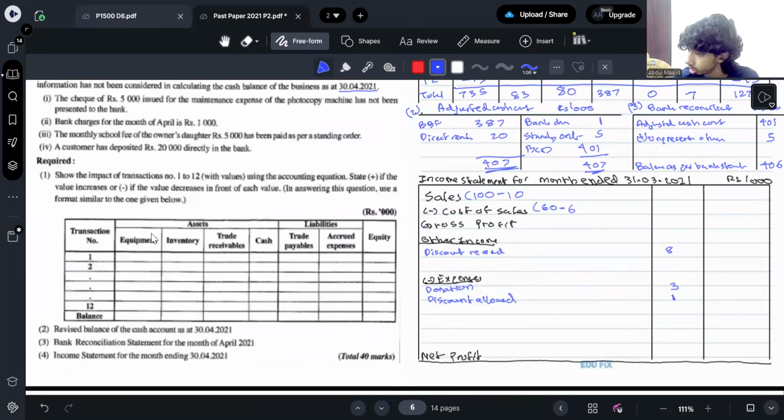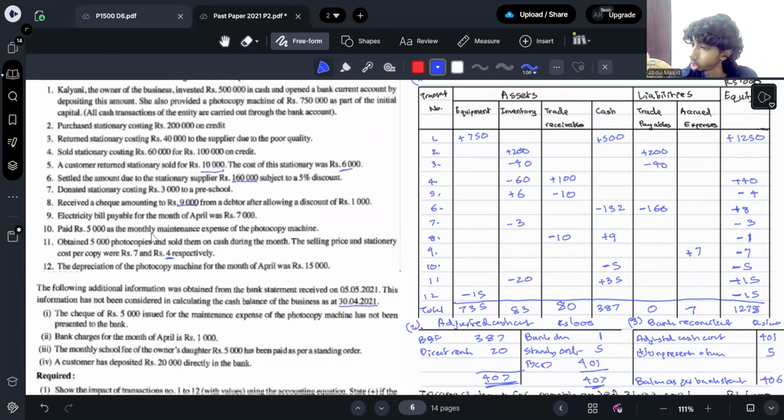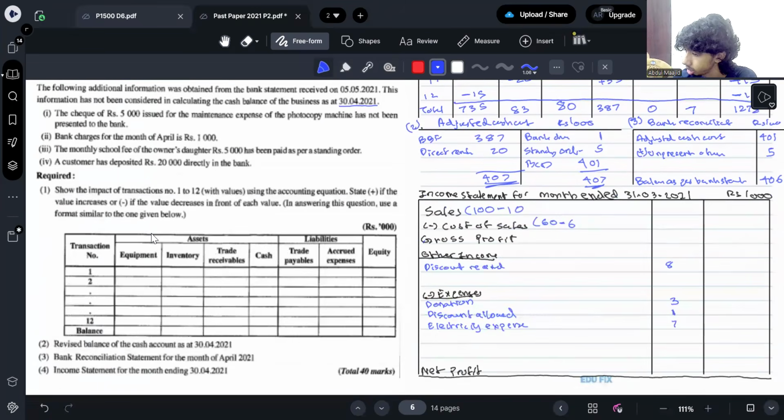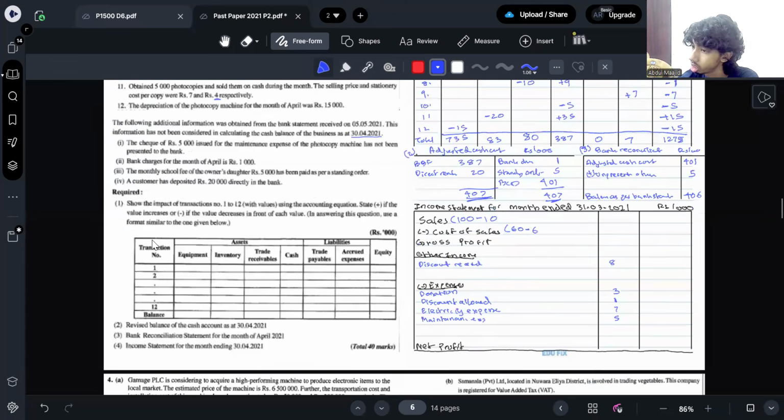Electricity expense 7,000. Paid rupees 5,000 as monthly maintenance expense of photocopy machine. Maintenance expense 5,000.